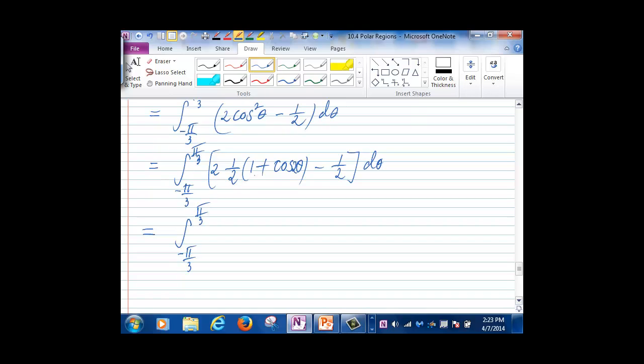Notice that when I multiply out, the 2 and the half cancel out, so I'm left with a 1, and then 1 combined with the negative half gives me a positive half, and then I have cosine of 2 theta as well.